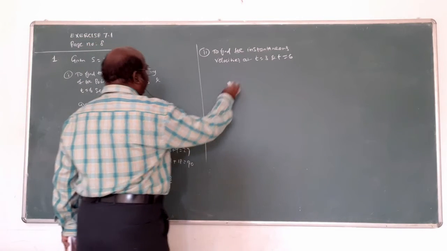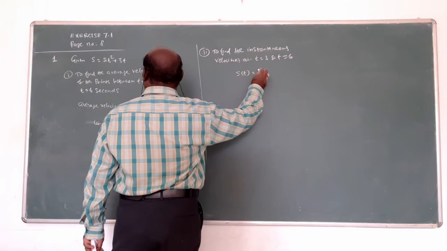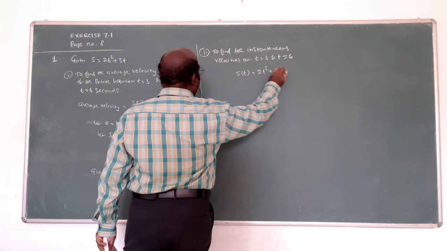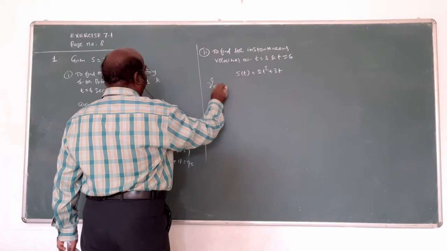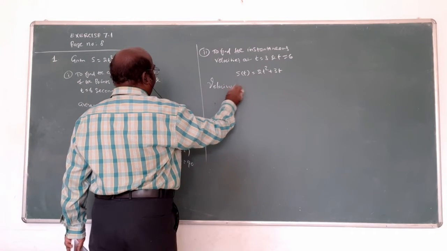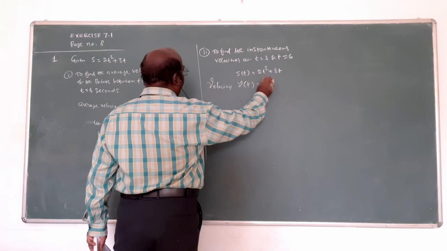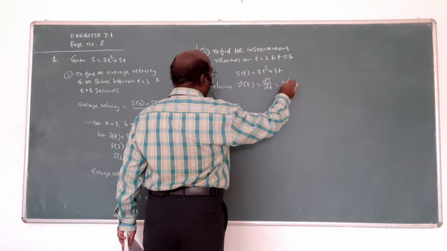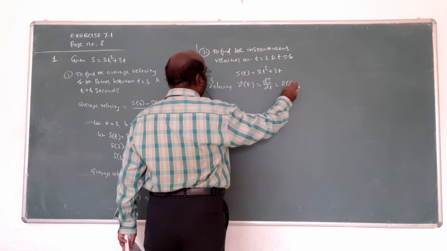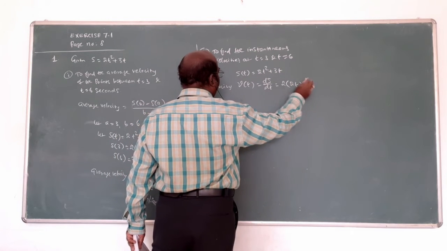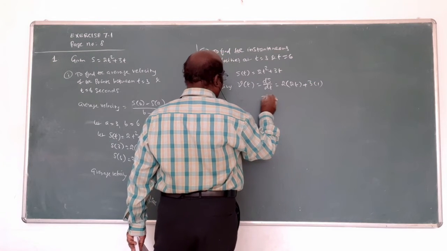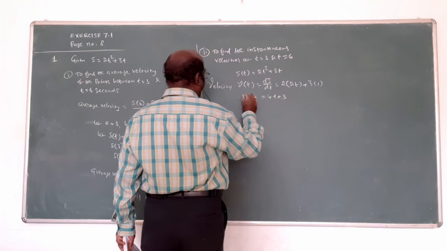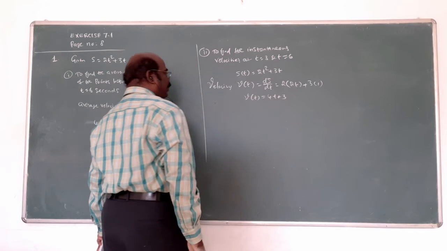Now what is given? s of t equal to 2t square plus 3t is given. What I told you: velocity, that means v of t equal to ds by dt. Differentiate with respect to t: 2 into 2t plus 3 into 1, that is 4t plus 3 is v of t. Am I right?